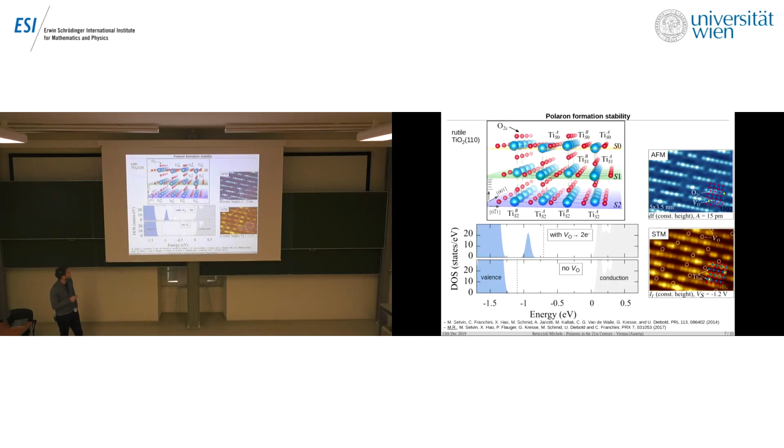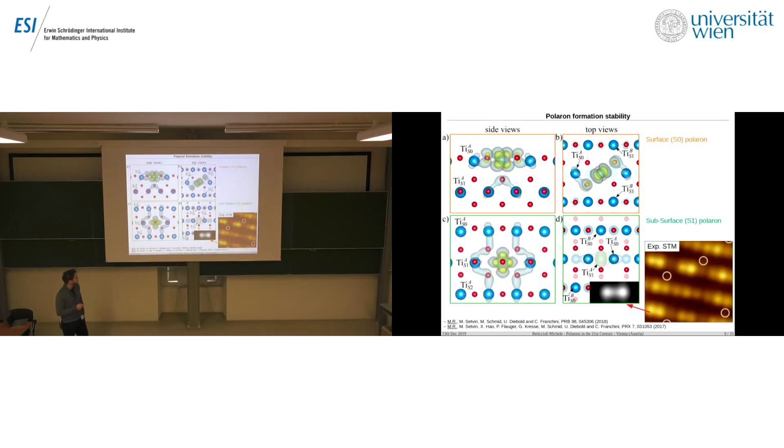So if we look more carefully, we notice that these spots actually have a double lobe feature, which can be explained if we model our polaron to be on the subsurface layer, which I call S1, while S0 is usually the surface layer.